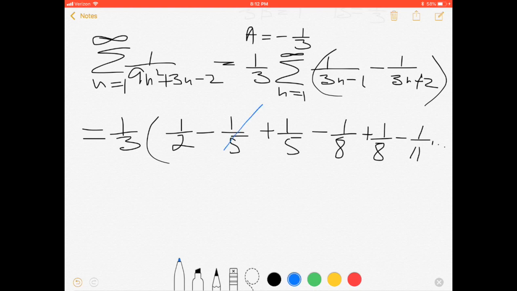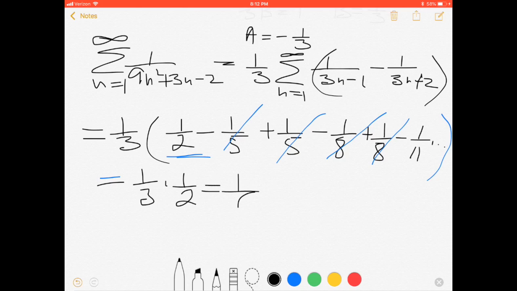This means all cancel except 1/2, and our answer will be 1/3 times 1/2. It will be 1/6.